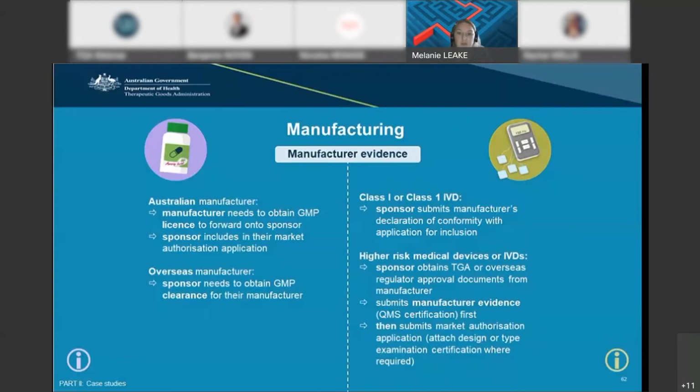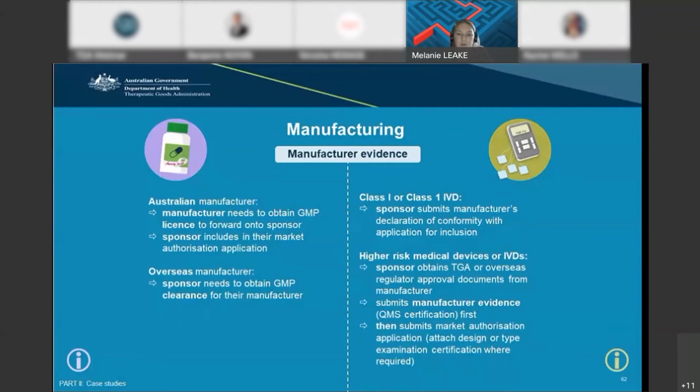If your manufacturer is located overseas, then it's the sponsor's responsibility to make sure their manufacturer has GMP clearance, and this is different to a GMP licence. The sponsor submits this manufacturer evidence again as part of their market authorisation application.